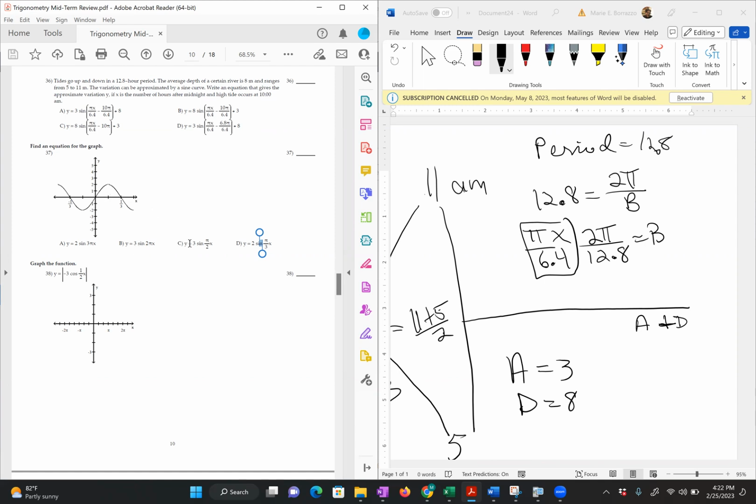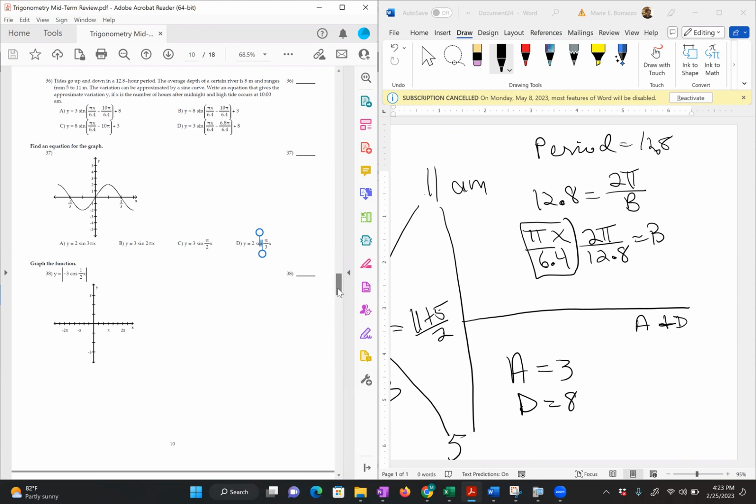B and C don't work because that amplitude is 3. I'm also looking at where the X is, and I'm thinking that if this is one rotation of that item, they are definitely talking, in this case, about 3 pi. So that's just a little intuitive knowledge you need to show there.